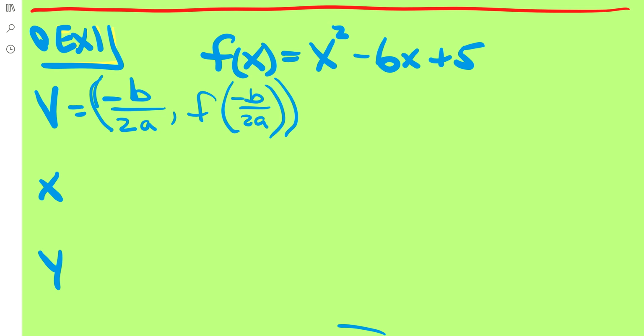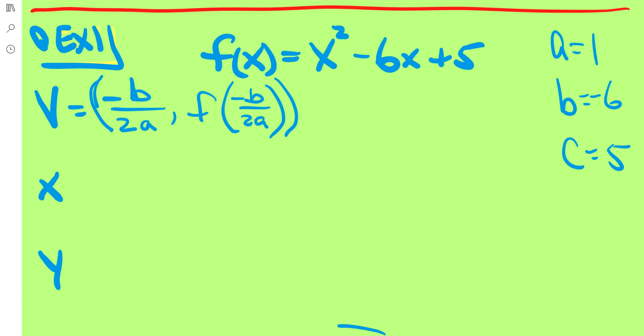This is a, b, c on our quadratic function. So I could say that a equals 1, b equals negative 6, and c equals 5.